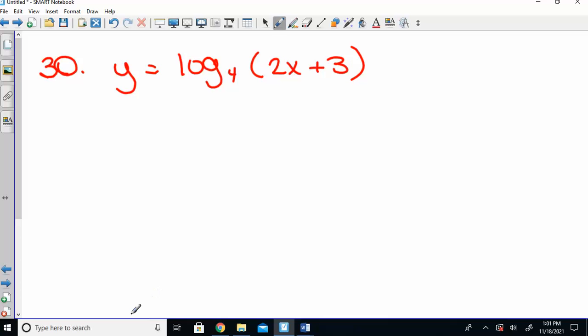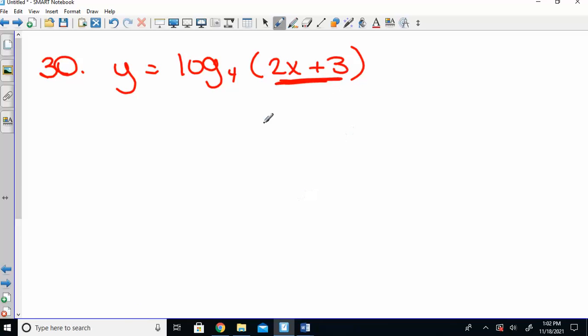Alright, so number 30, I asked about the domain of the log. I had put these on the section 4.4 and 4.6 homework as well. Didn't necessarily fit in that section, but we've just been mentioning it for a week and a half, 2 weeks now, every time we deal with these logs. When you have a log, your argument has to be positive.